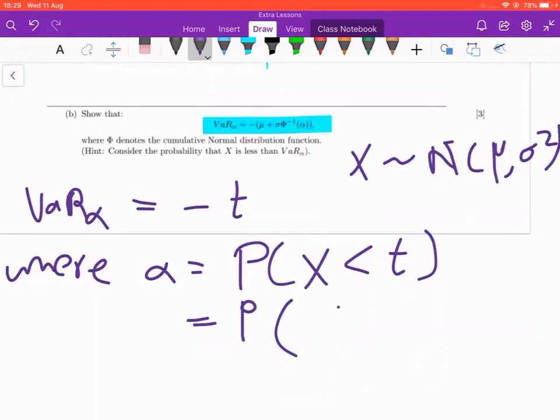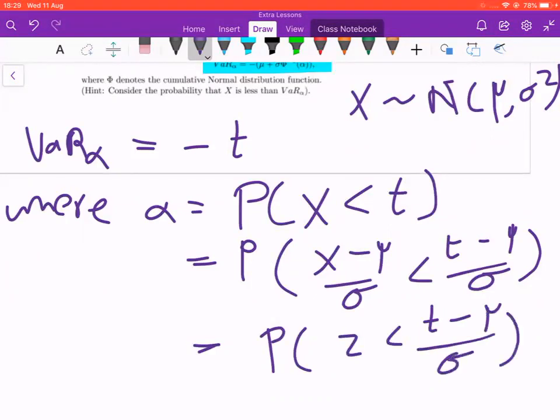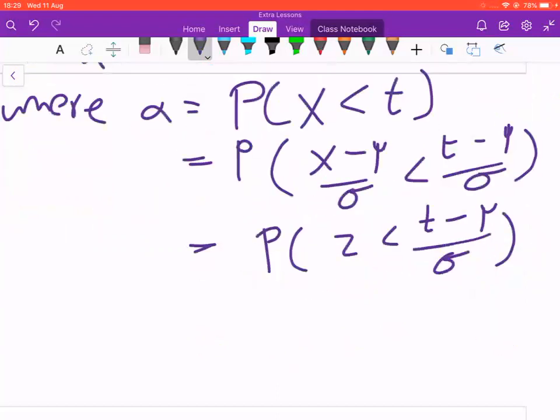So you will have x minus mu over sigma less than t minus mu over sigma. And therefore, this is going to be equal to the probability that z is less than t minus mu over sigma. I guess we can all get to this point.